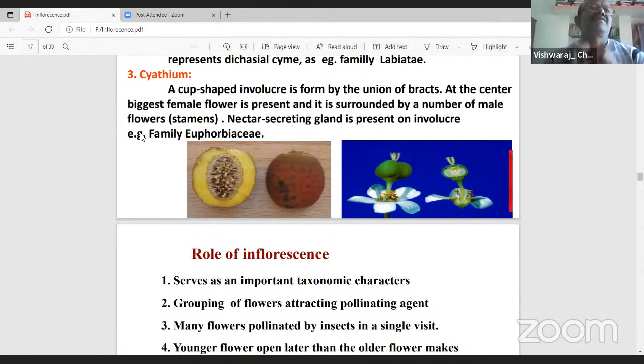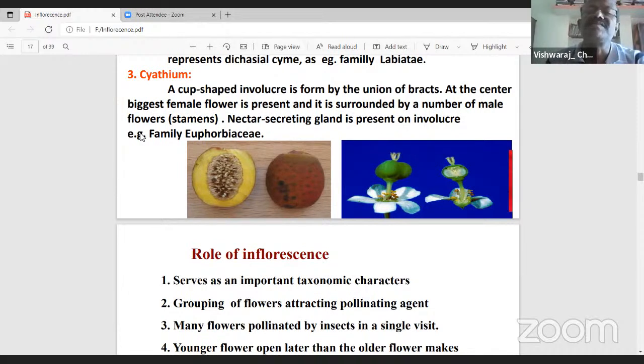We have seen the definition of inflorescence and classification of inflorescence on the basis of arrangement and structure, and types of inflorescence. There are three main types: racemose, cymose, and special type. Racemose inflorescence has 5 types.